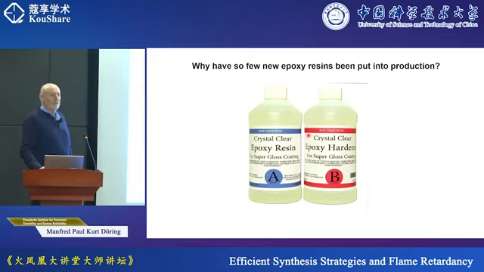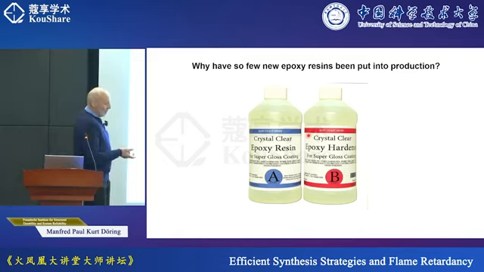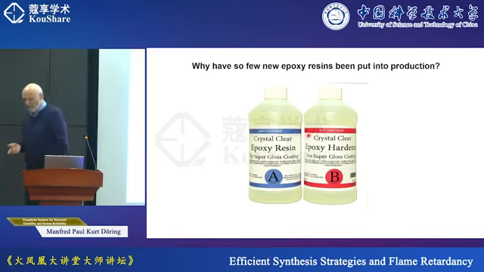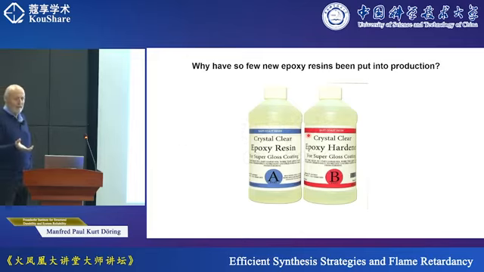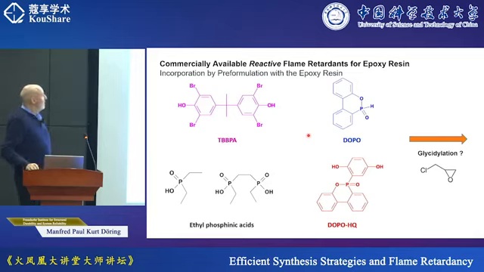The question is now epoxy resins. If you look a little bit deeper, you will figure out in the last 20 years there are about 1 or 2 new epoxy resins that came to the market, not more. And the question is, of course, why? And the answer is they synthesized a lot of interesting stuff.